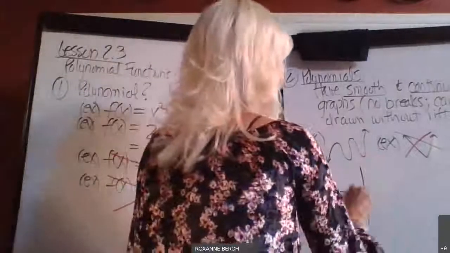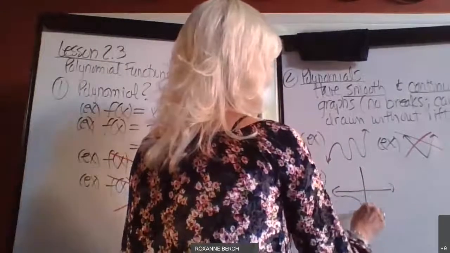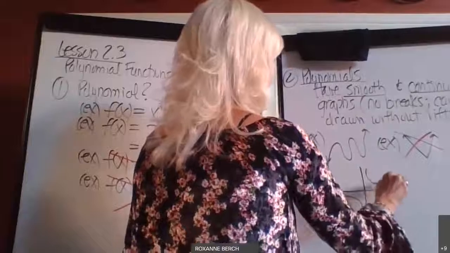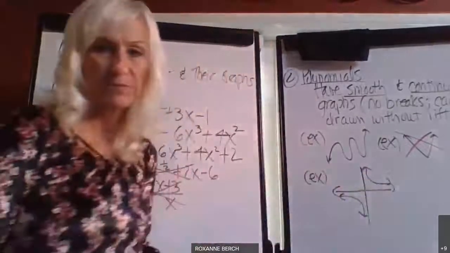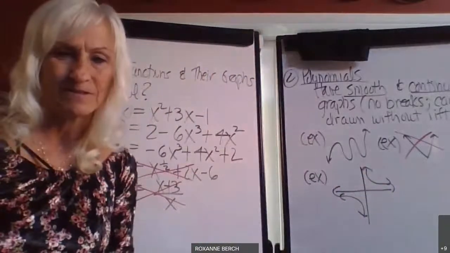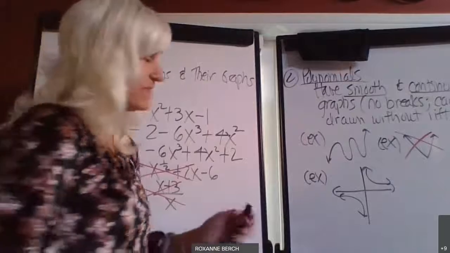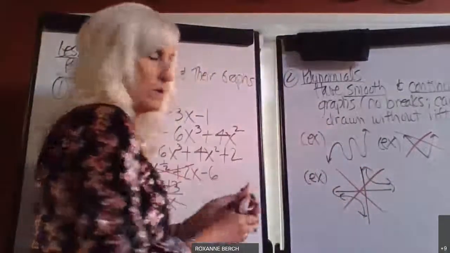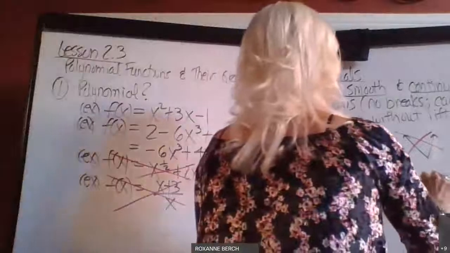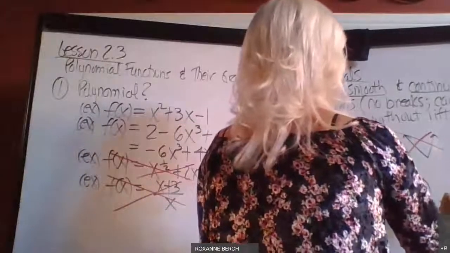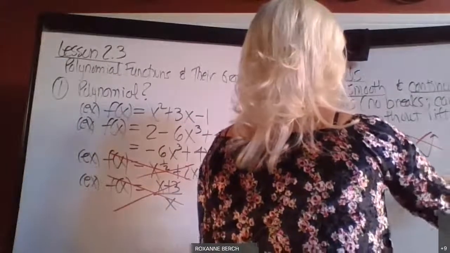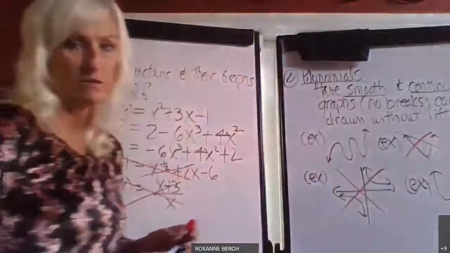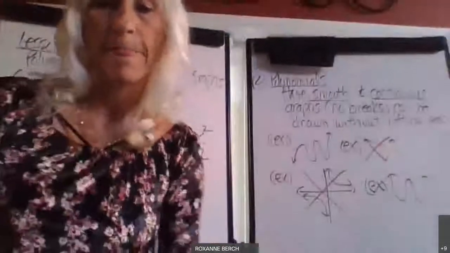When the graphs have an x on the bottom, they look like this. Now that wasn't smooth, right? It's two parts. So that's not a polynomial. So remember that a polynomial has to be smooth. That's a polynomial. You guys see that?